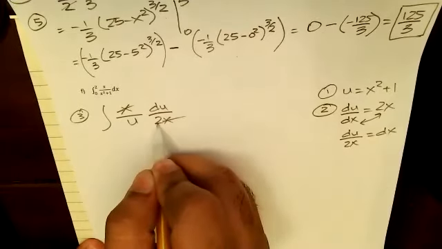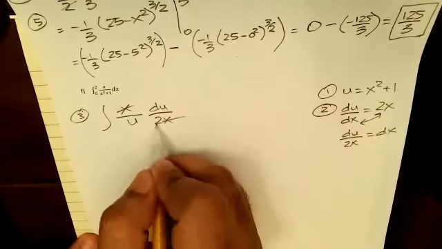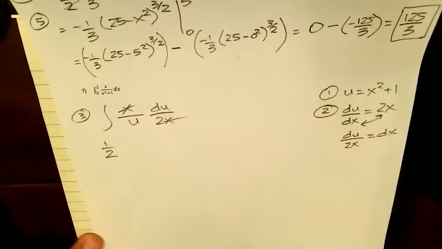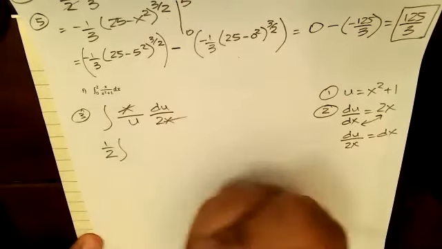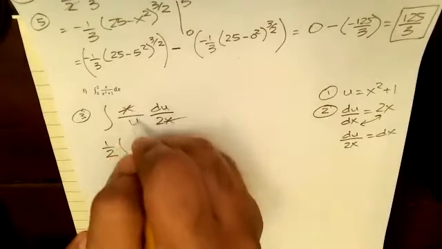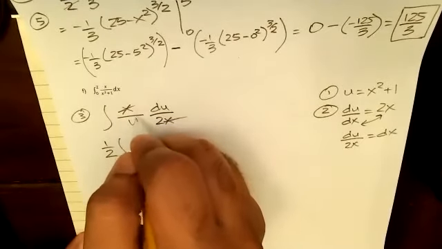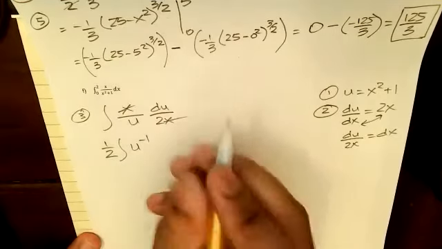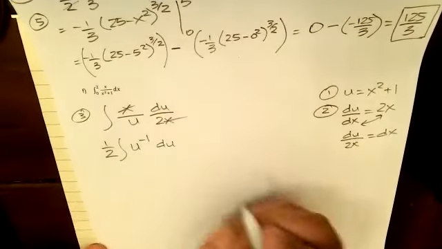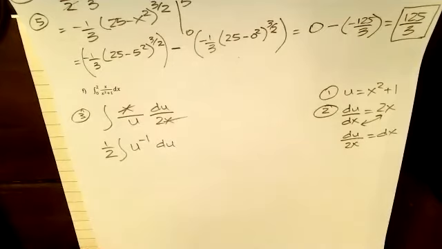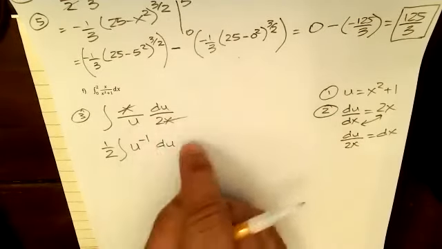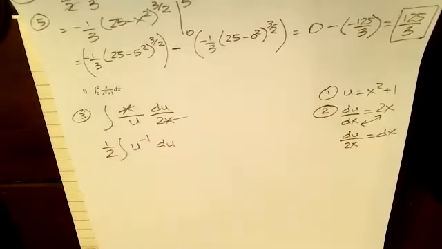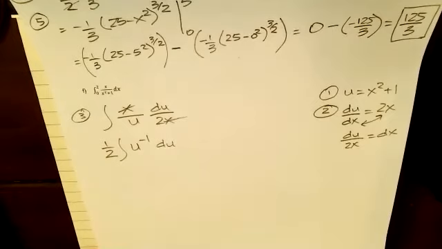The 2 that I have here in the denominator, I'm going to put out front, and because it's in the denominator, it's going to be written as a 1/2 integral. So what I'm left with is 1 over u. The u is in the denominator, and when I move it to the numerator, it's going to be u to the power negative 1 du. Remember, when we do u substitution, we want to end up with an integral that only has u in it.